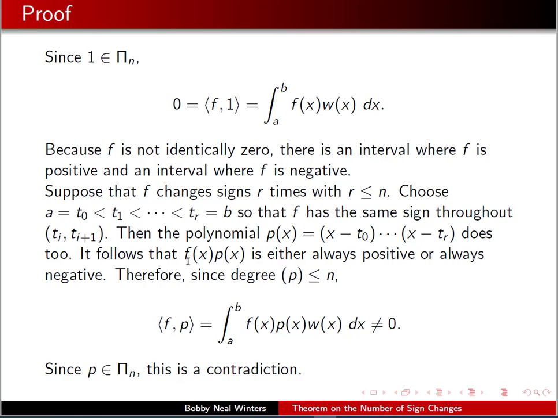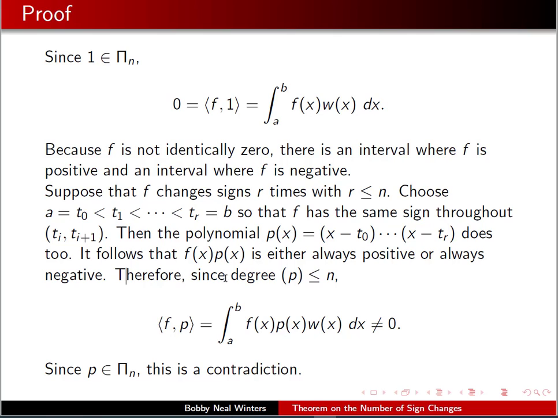Okay, now we multiply f of x and p of x, and since each of them has constant sign throughout those intervals, that product is either always positive or always negative.